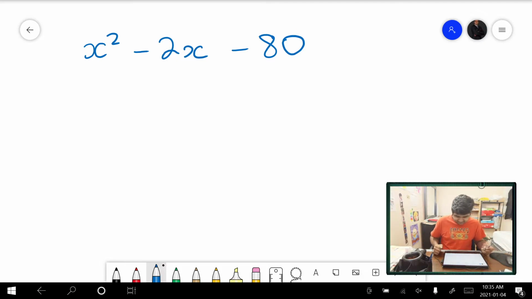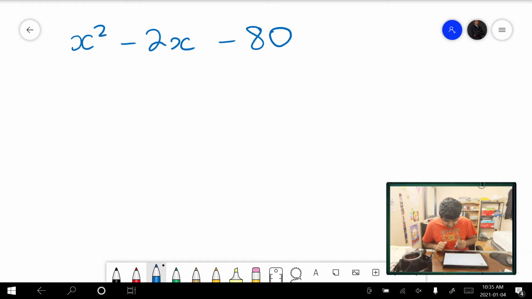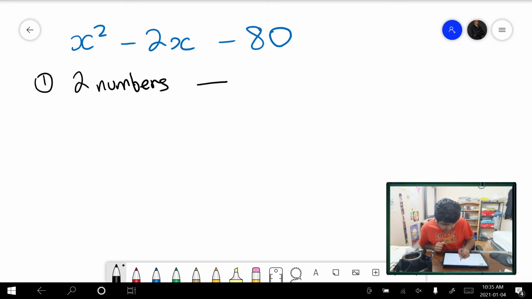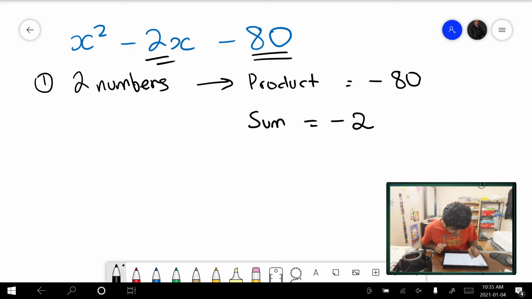Again, if we go back to step 1, we're trying to find two numbers whose product is going to be this external value and whose sum is going to be this internal value. When we're writing this, we don't just want to write this as 80. We want to write this as negative 80. This will come in handy in a second. So the sum is also going to be negative 2.